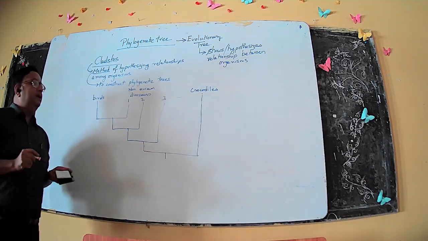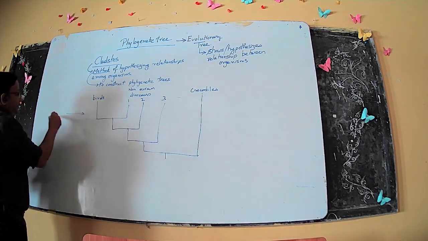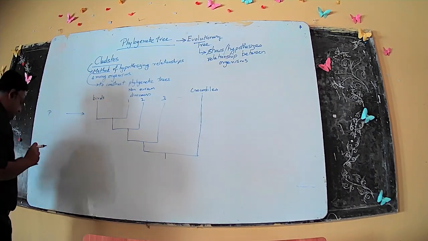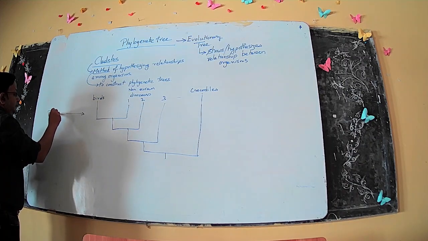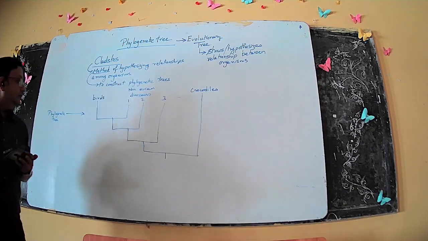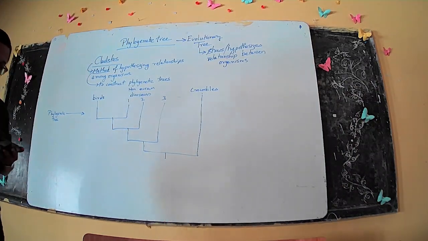You draw a line like this. This is a phylogenetic tree.